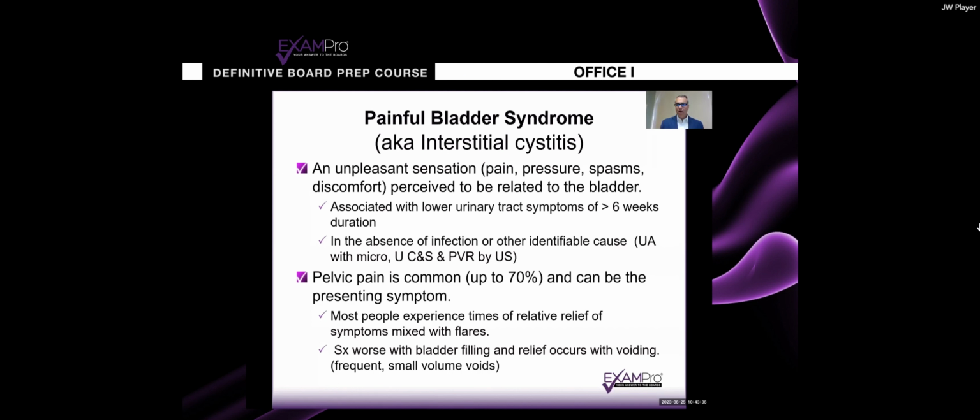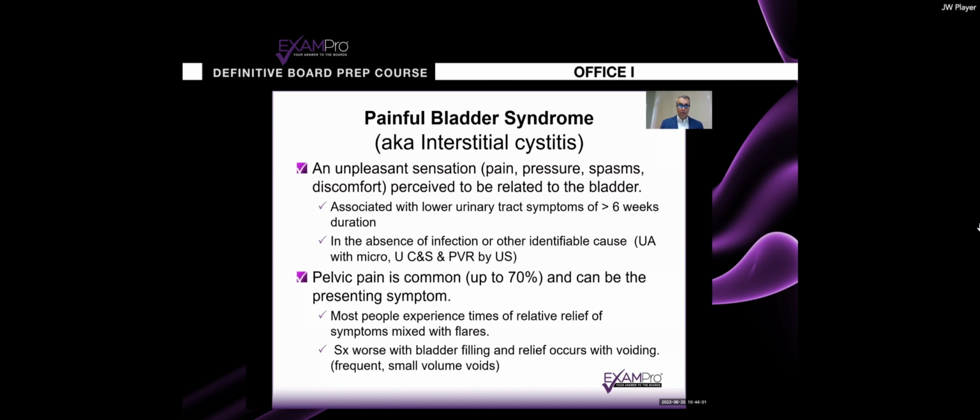The patients often will report that they void frequently to avoid the bladder from filling, which can stimulate pain. The symptoms are worse when the bladder is full, and relief generally occurs when a patient voids. Painful bladder syndrome can coexist with other pain syndromes, including fibromyalgia or irritable bowel syndrome, so that can sometimes make it a little more difficult.